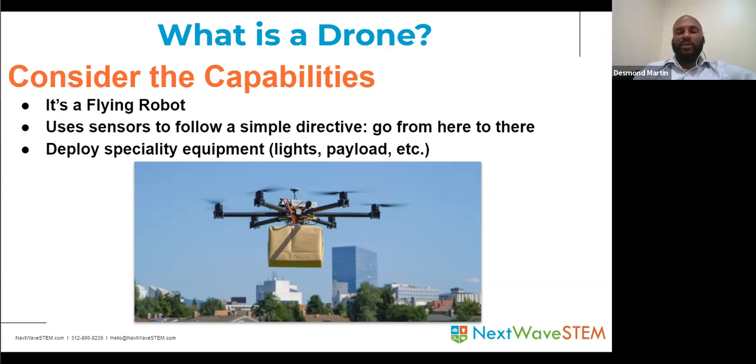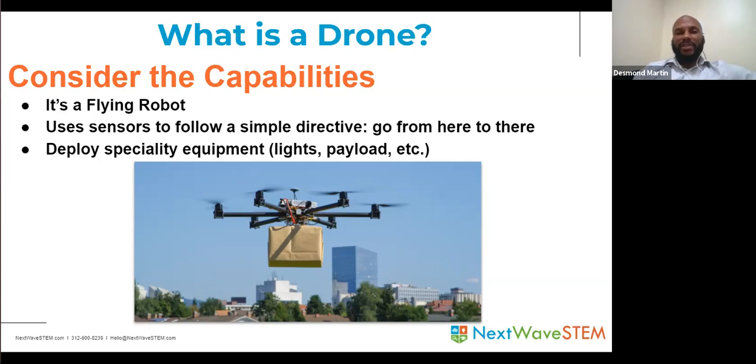And as it's moving from those locations, it's deploying that equipment. That might be Wi-Fi antennas, that might be payloads like packages, that might be, once again, fire hoses, that might be actually picking up people for search and rescue applications. But this is what a drone does.